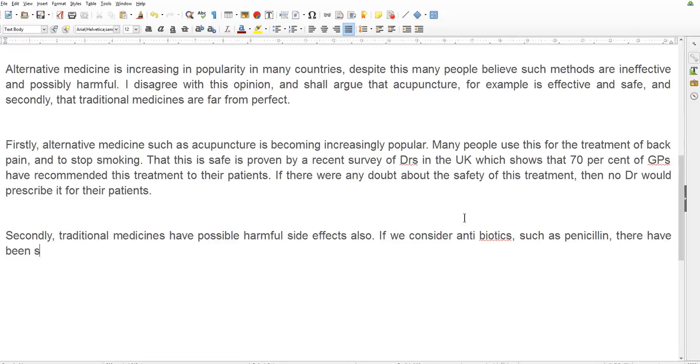There have been several health warnings by doctors regarding overuse of these drugs.